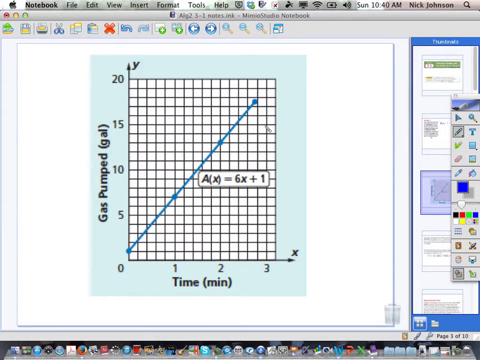And as you can see here, at just under 2.8, about 2.8, we could say at about 2.7 minutes, the tank is full. 17 gallons of gas, 2.7 minutes. Try that. See how long it takes you to fill up your car.